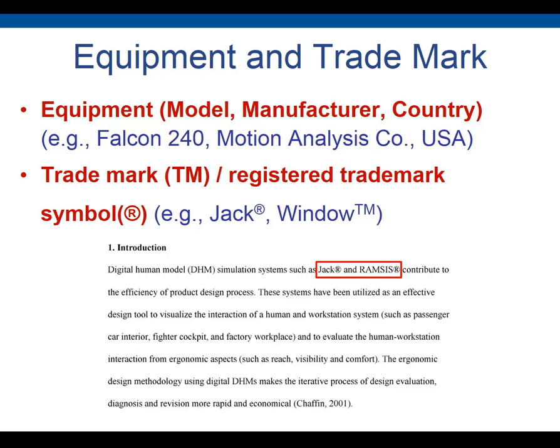But if you did not present which model you used, then the audience cannot follow your research. It's hard to follow. So try to give more information to the audience. That's the key thing. For a trademark such as Windows, put the trademark, registered symbol.